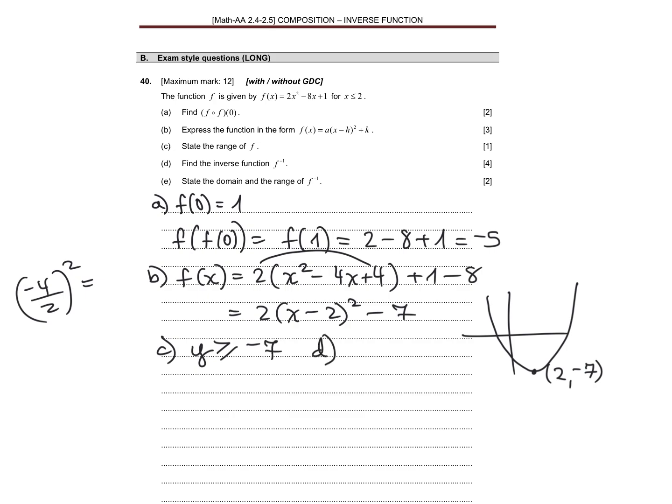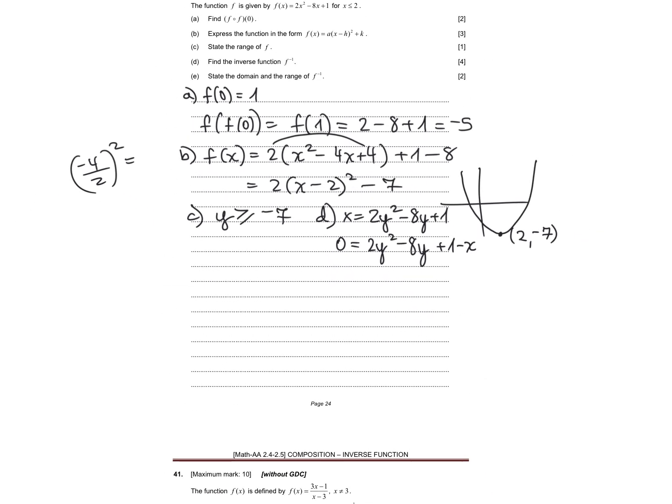For D, find the inverse function. Okay, so first of all, x equals 2y squared minus 8y plus 1. If we want to solve this for y, we have to get this equal to 0, because it is a quadratic. Plus 1 minus x.